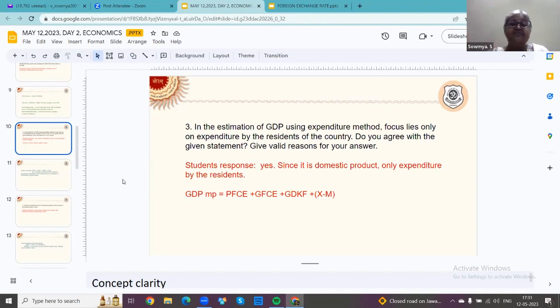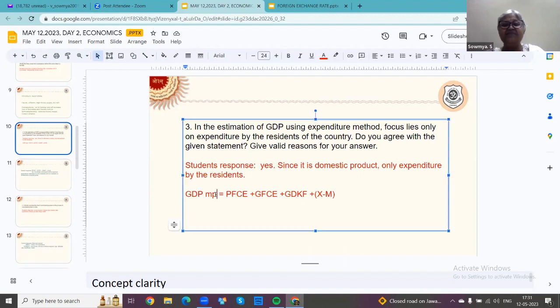Sometimes even now children make errors. PFCE plus GFCE plus GDCF plus X minus M, what will that give me? What do they write? NNPFC. Have you seen that?